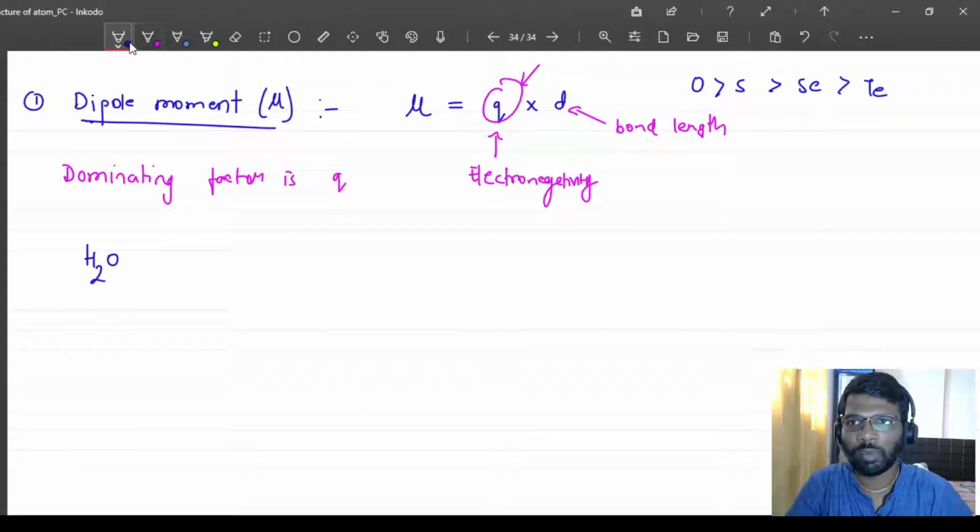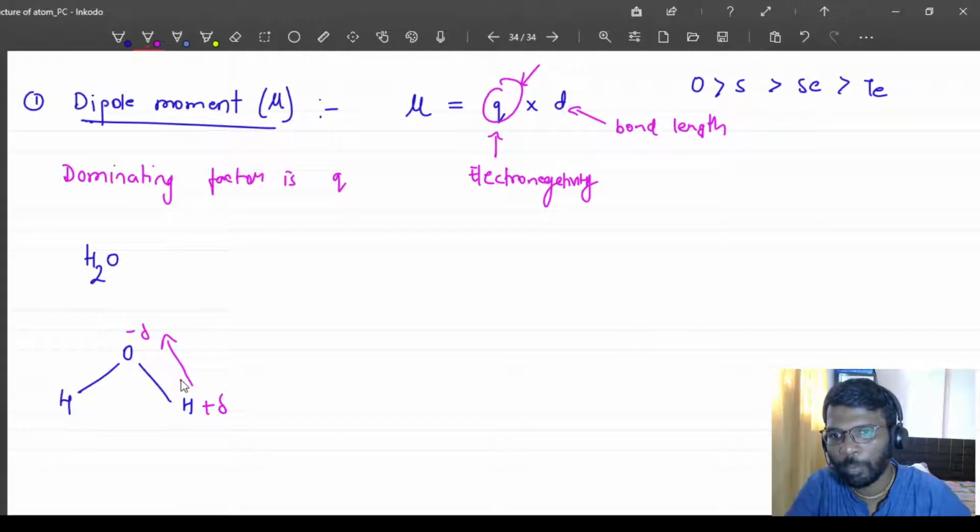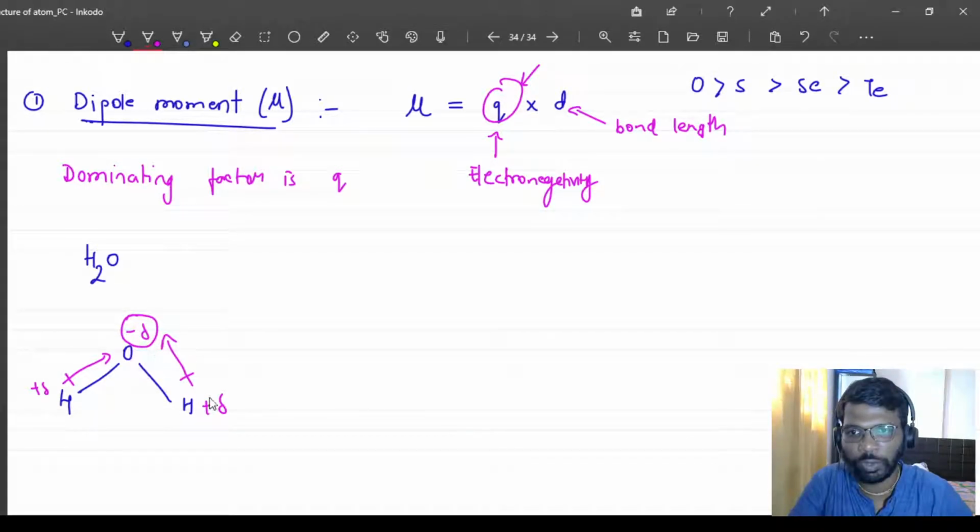In the water molecule, oxygen and two hydrogens: oxygen is partially negative, the hydrogens are partially positive, and we represent the dipole moment in this direction. The more the electronegativity, the more the negative charge, and so the dipole moment will be more.